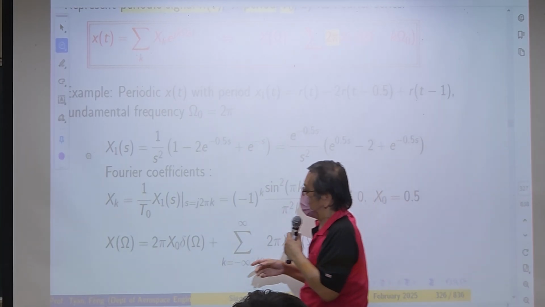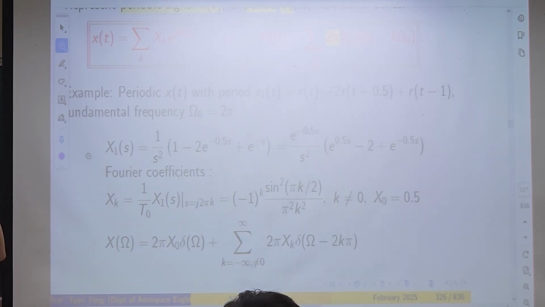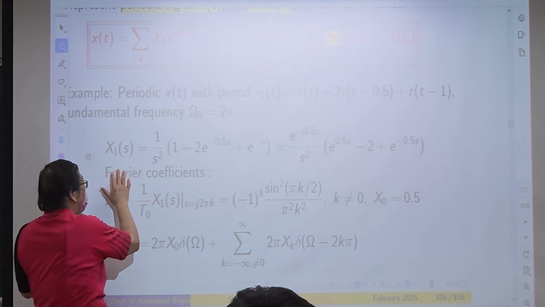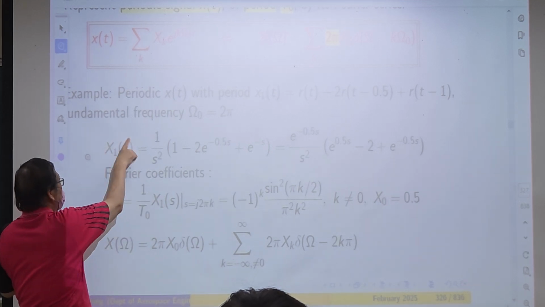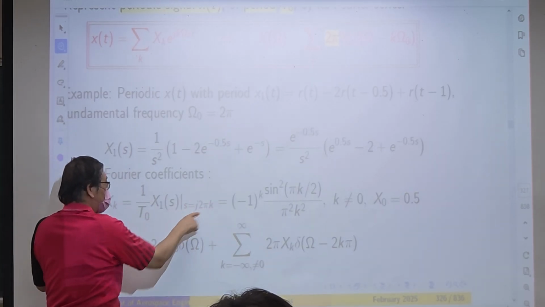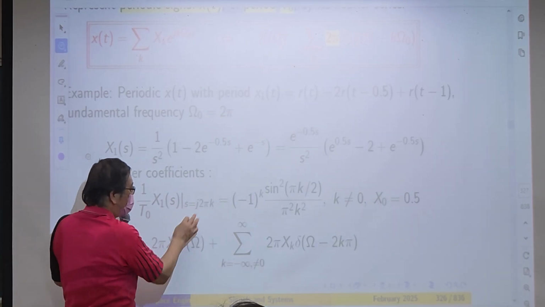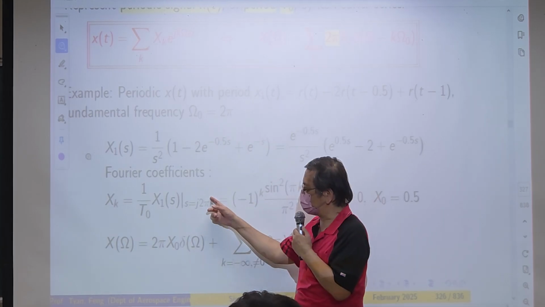Okay? So the Fourier series coefficient first. X of k will be x1 of s, where we replace s by the discrete frequency, j times 2 pi times k.